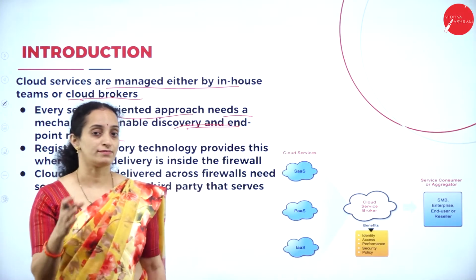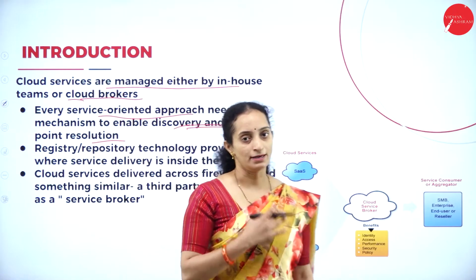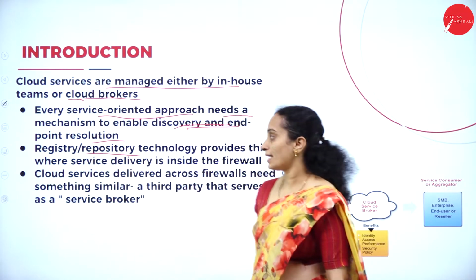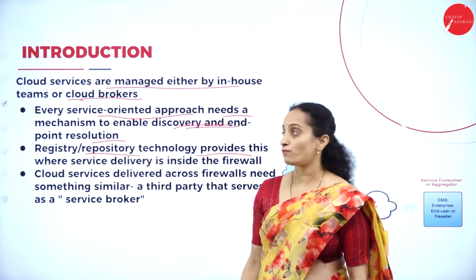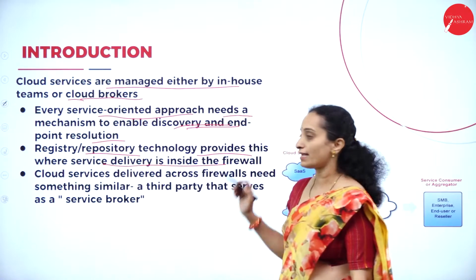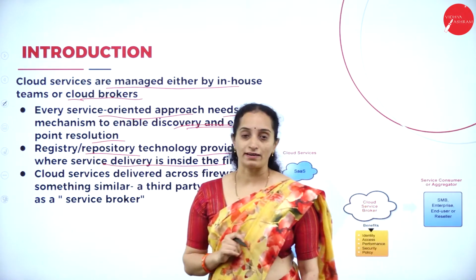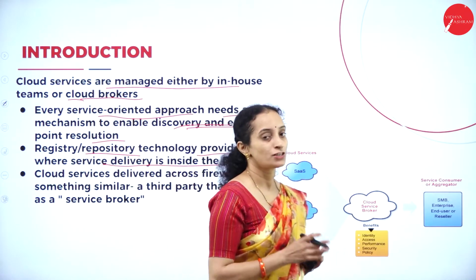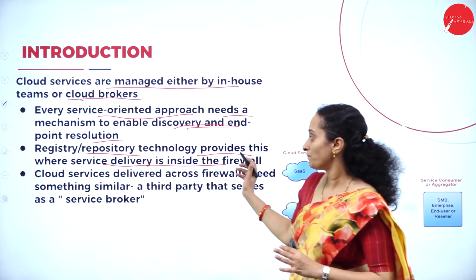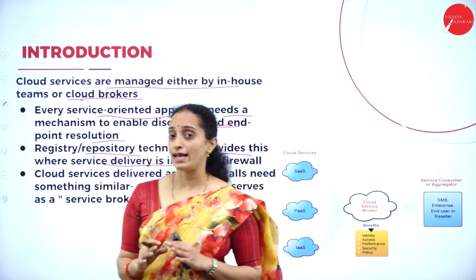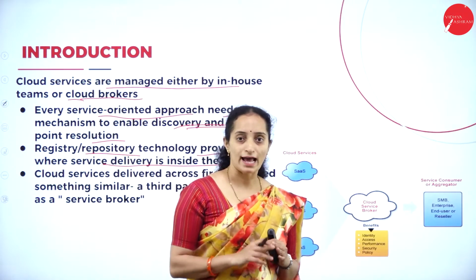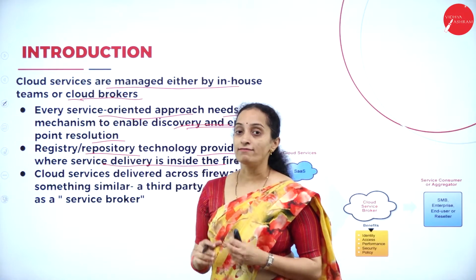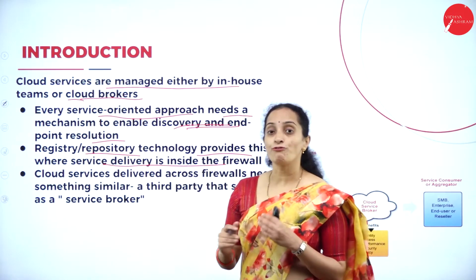What are the types of service you can obtain from a service provider? Next is registry or repository technology, which provides this, where service delivery is inside the firewall. You are providing an inside firewall to the cloud so that you can get a better service with the help of a cloud broker. You can even have an in-house team, but a cloud broker helps you to have a registry or repository of technology.